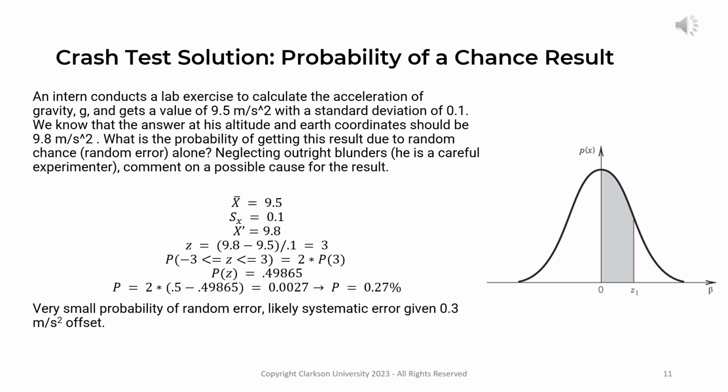So the probability then is 2 times 0.5 minus 0.49865, or 0.0027, which multiplied times 100 is a probability of 0.27%, a very low number. This very small probability of random error indicates that we likely had a systematic error, given the 0.3 meter per second squared difference in the gravitational constant.